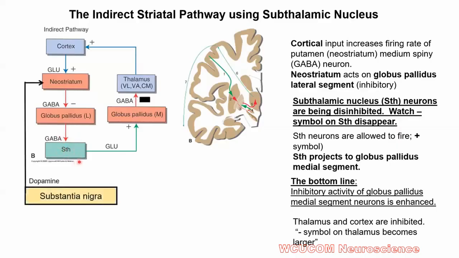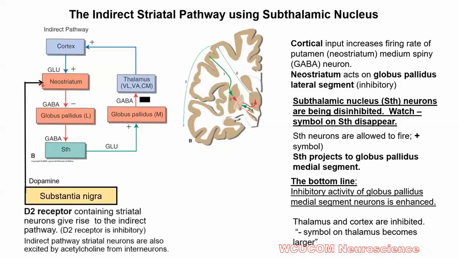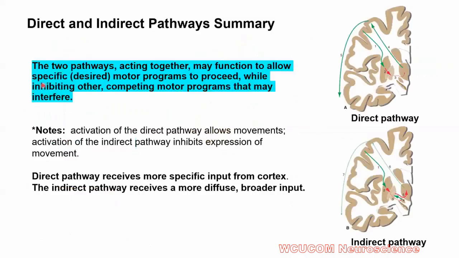The role of dopamine, of course, is exerted via the D2 receptor, which has a negative, inhibitory influence on neostriatum. So the bottom line is that the direct and indirect pathways work together.